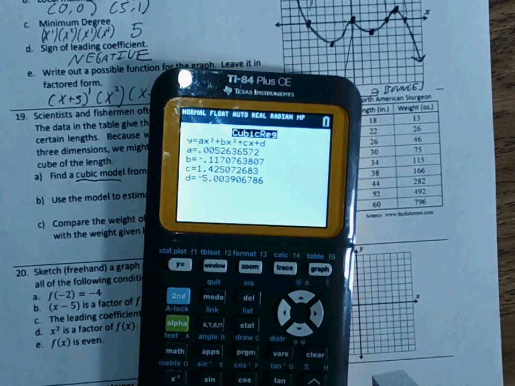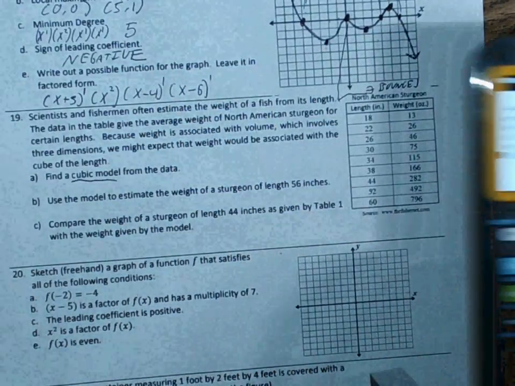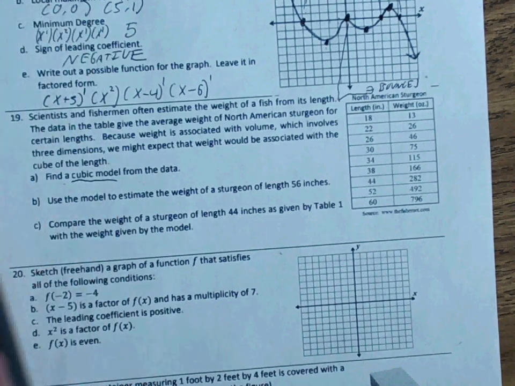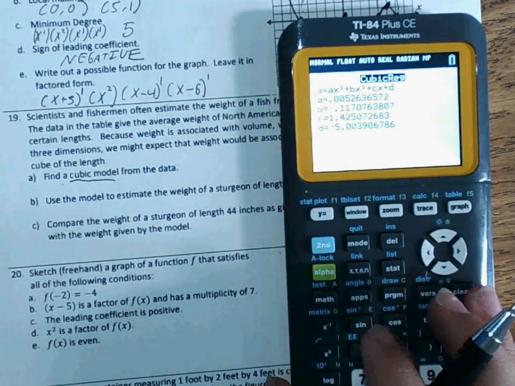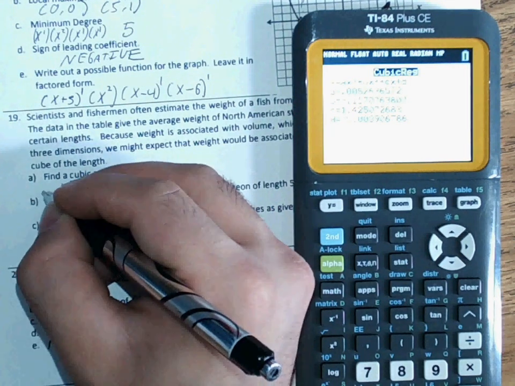And so in the form ax cubed plus bx squared plus cx plus d, a will be 0.053, b will be negative 0.117, c will be 1.423, and d will be negative 5.004.